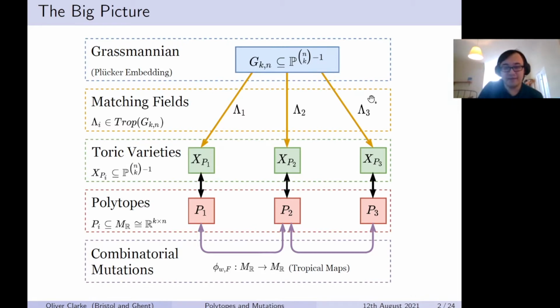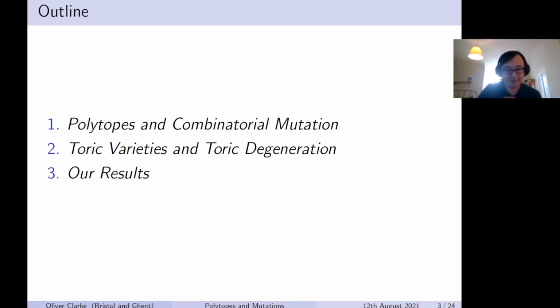And finally, I'll explain what our results look like, which are going to show that many of the polytopes are connected via combinatorial mutations, and how you can construct new toric degenerations from old. So that will be the outline for this talk, and there'll be plenty of time for questions throughout, so please feel free to ask, and I can pause at many points.